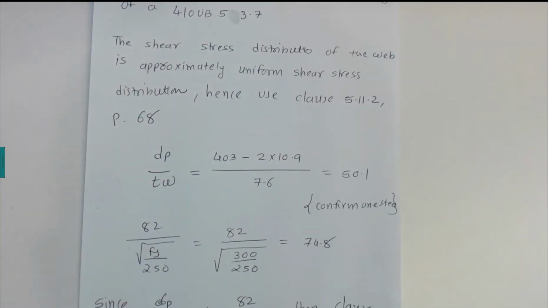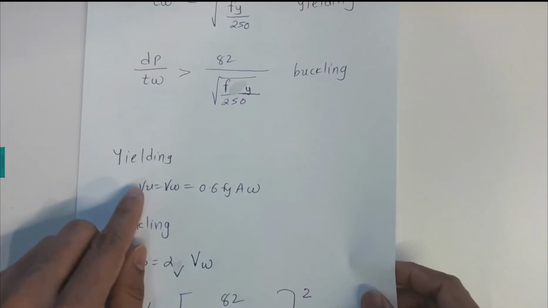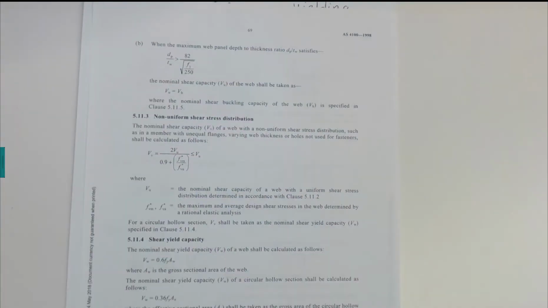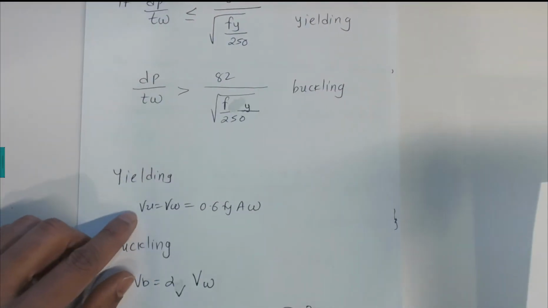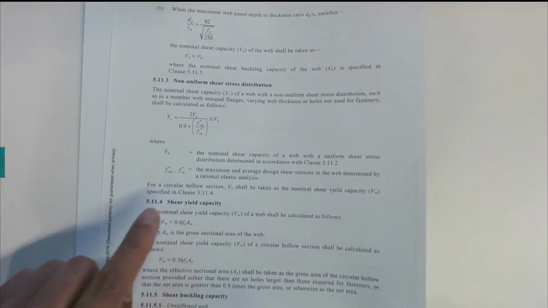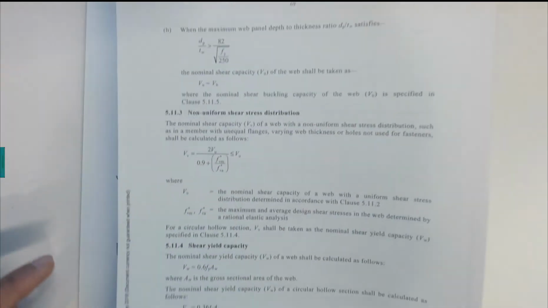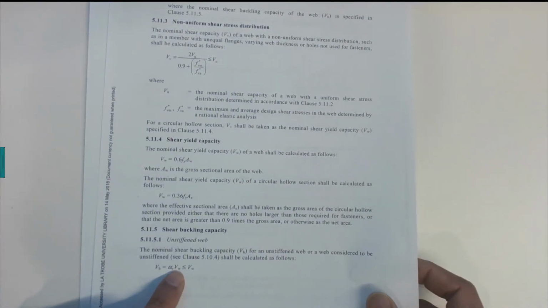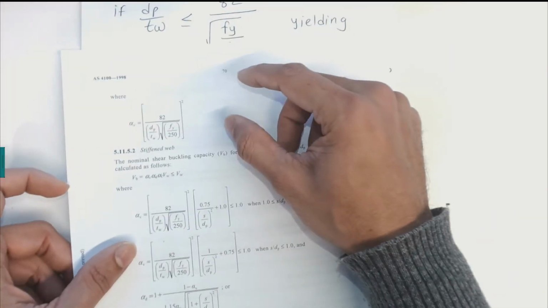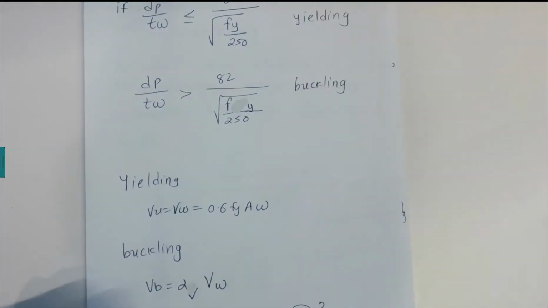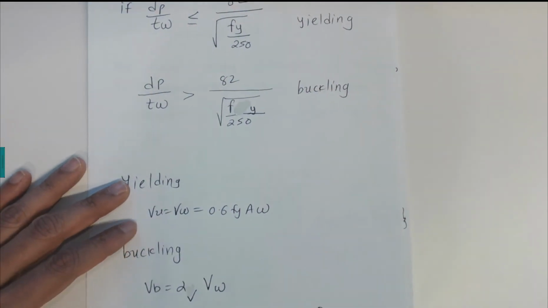For yielding capacity, Vu equals Vw, which is 0.6 fy Aw, on page number 69. If you have buckling, Vb equals alpha v times Vw, and the alpha v equation is given on page number 70, which I copied here. So there are only two equations to deal with.